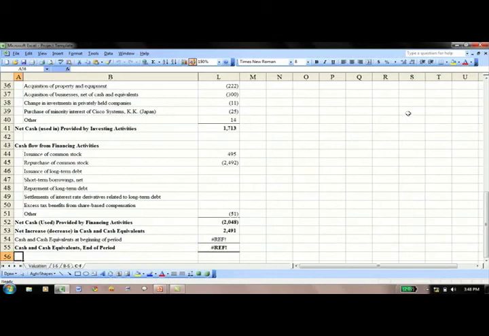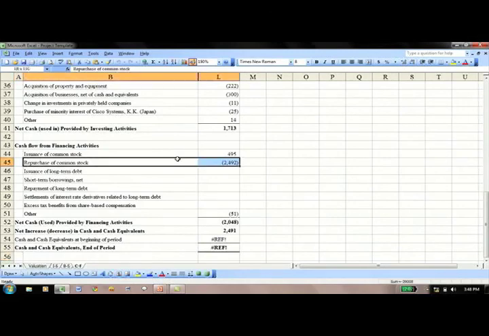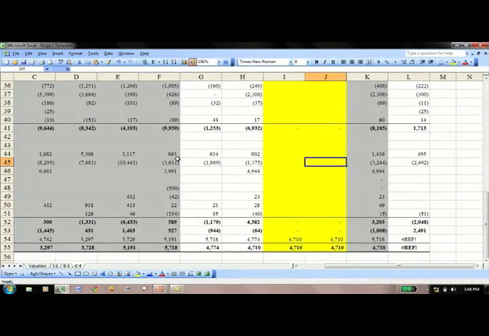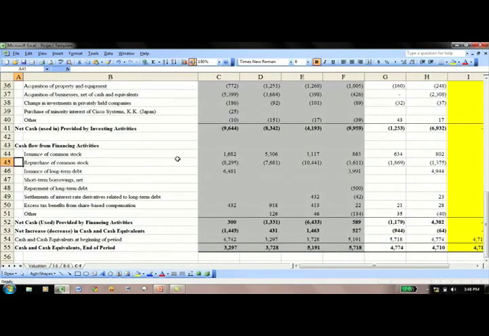And what I'm going to do here really quick is let's just go back to an earlier period in Cisco's time. So what happened here in cell C53 is you've got negative $1.4 billion.